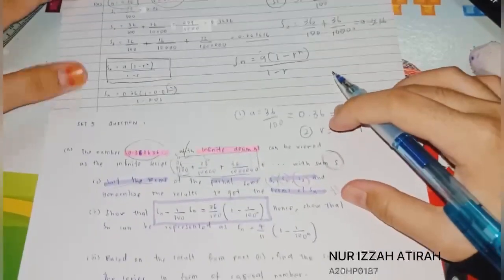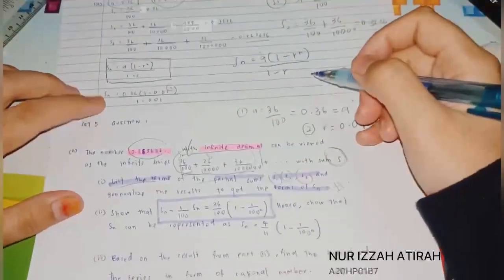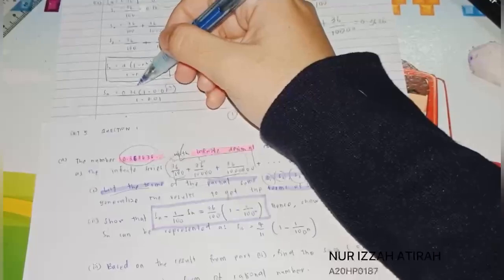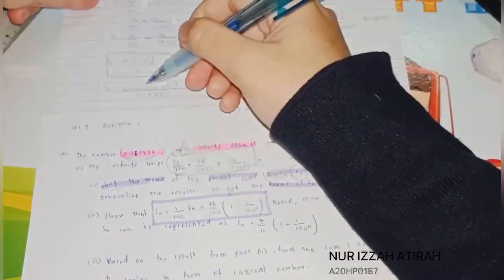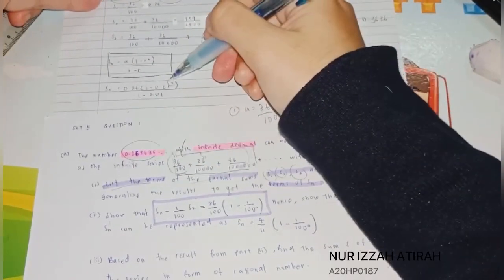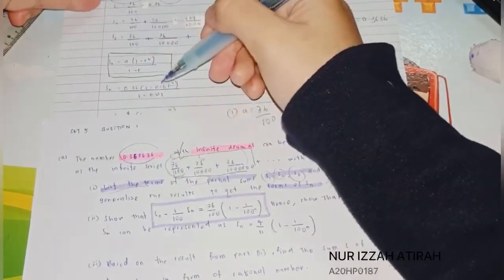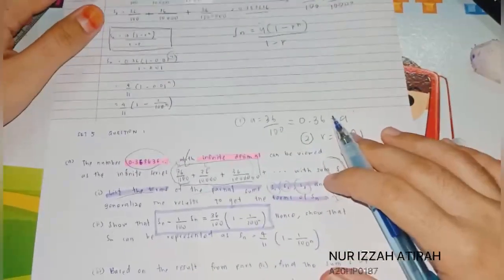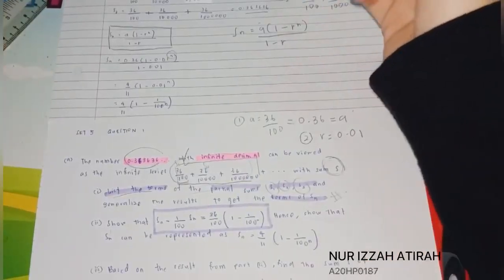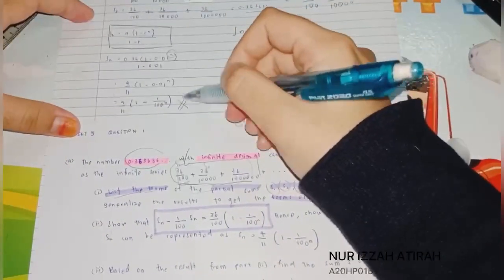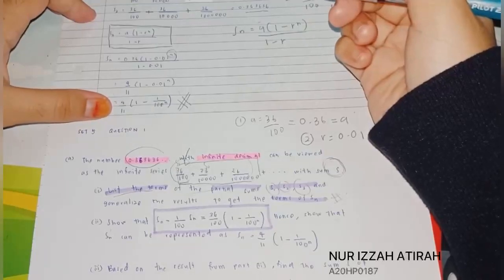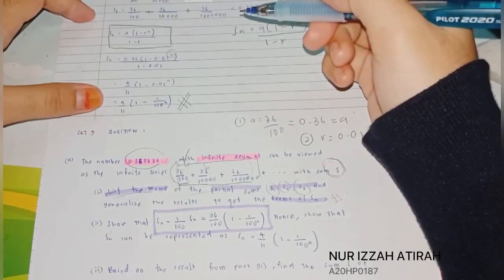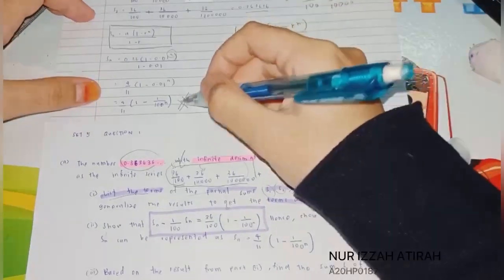So Sn is equal to 0.36 multiplied by 1 minus 0.01 to the power of n, over 1 minus 0.01. After we calculate it, we will get Sn is equal to 4 over 11 multiplied by 1 minus 1 over 100 to the power of n. So the answer of Sn is this.